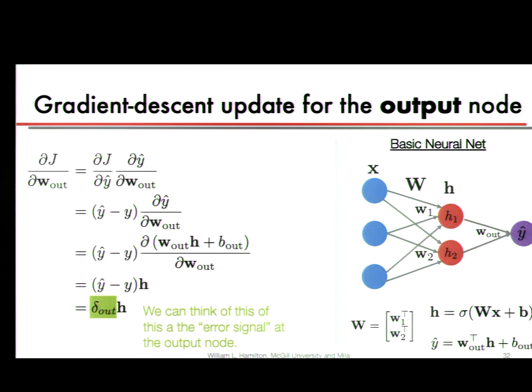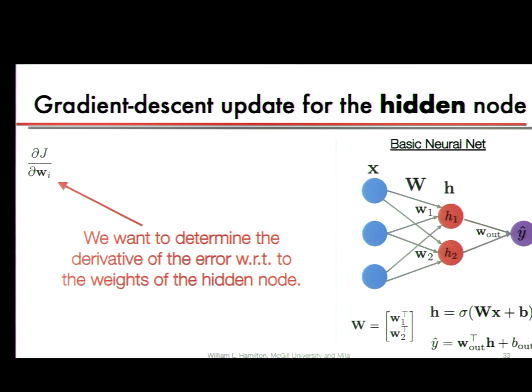At the end of the day, taking the derivative of this linear function with respect to this parameter, what we end up with is that the gradient of our error with respect to our output node is basically just the error, the difference between what we predicted and what we should have predicted, which we call delta out, times the hidden weight, so times the input at this node. So that's not so bad. That's pretty much the same as the derivative for linear regression.